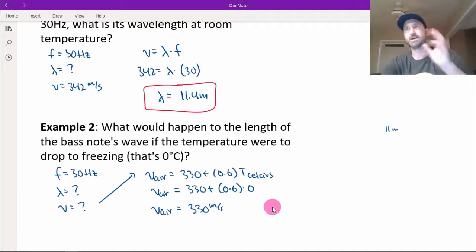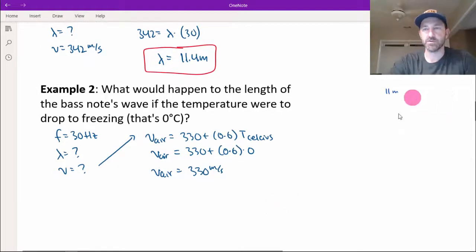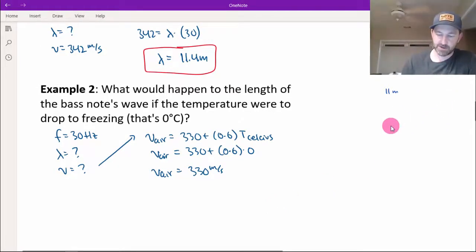Now that means the sound's traveling slower, so as I make waves, they're not going to move as far away from the source, so they're probably going to be squished a bit. Let's prove that the answer is going to be less than what we had before. So let's get lambda.